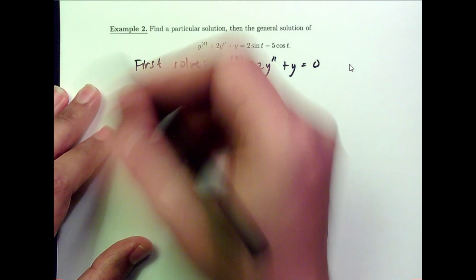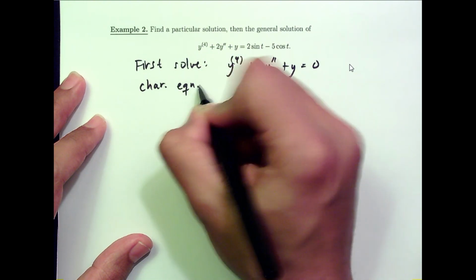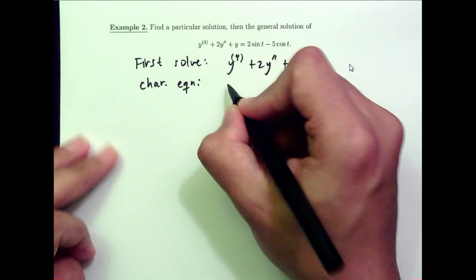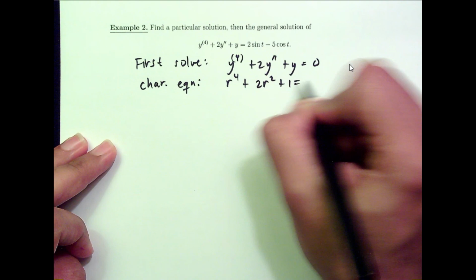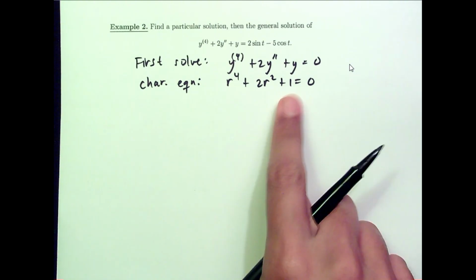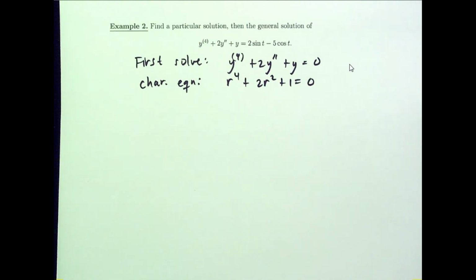This one is a differential equation of order 4 that is linear and has constant coefficients, so we solve it by finding the characteristic equation, which is r to the 4 plus 2r squared plus 1 equals 0. This is a polynomial in quadratic form because it has 3 terms. The term in the middle has exponent that is exactly half the exponent of the leading term.